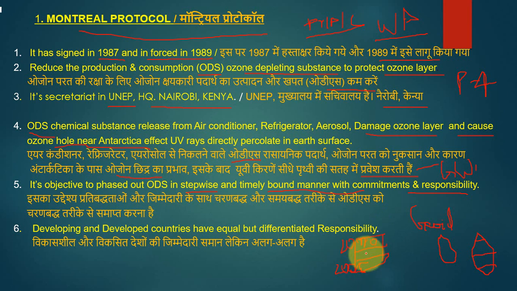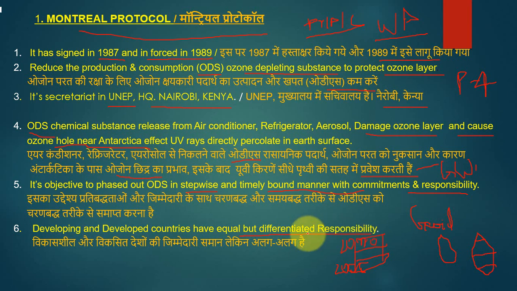So this gives a commitment to every country, जो भी member countries हैं, on how to control ODS. It gives direction or commitment to developing countries, and developed countries also have equal but differentiated responsibility. Yes, friend.